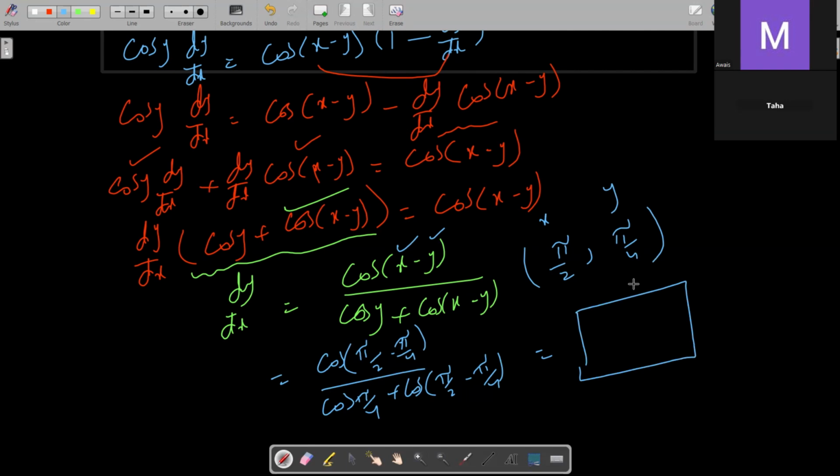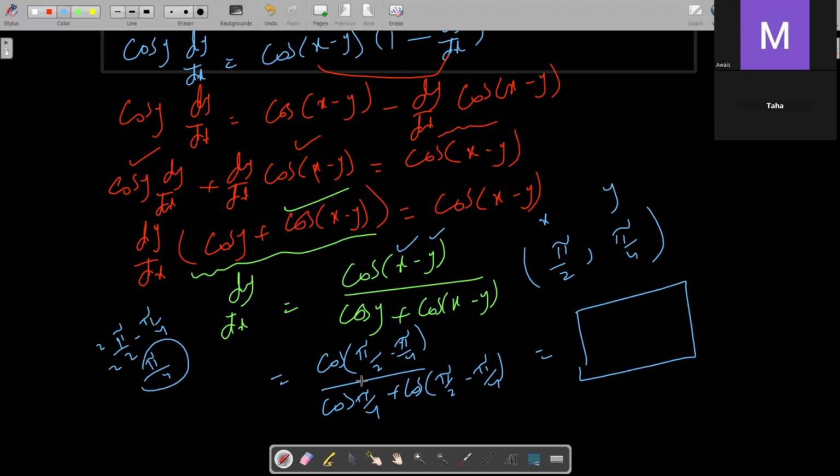Like pi over 2 minus pi over 4 is going to be 2 pi minus pi over 4, which would be pi over 4. Pi over 2 minus pi over 4 is pi over 4, yeah.